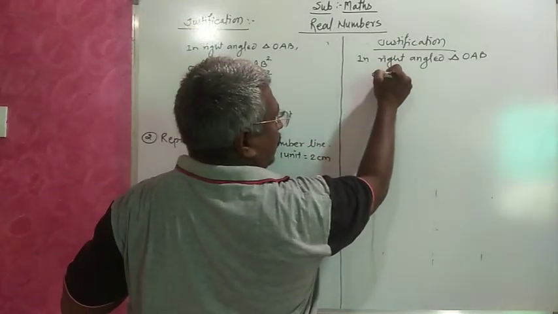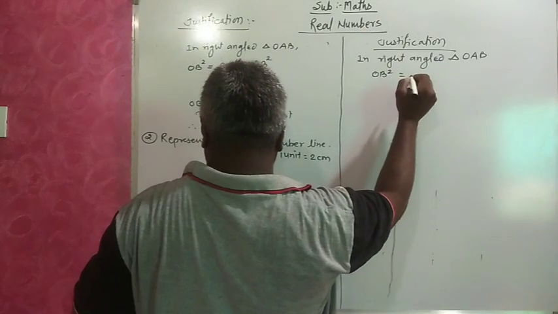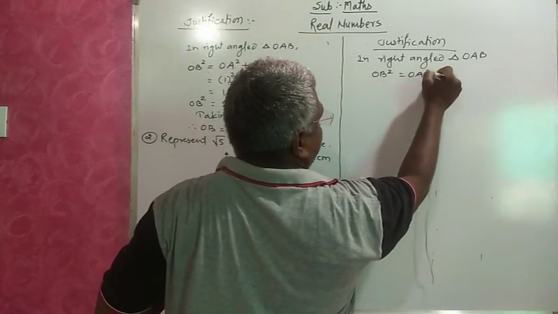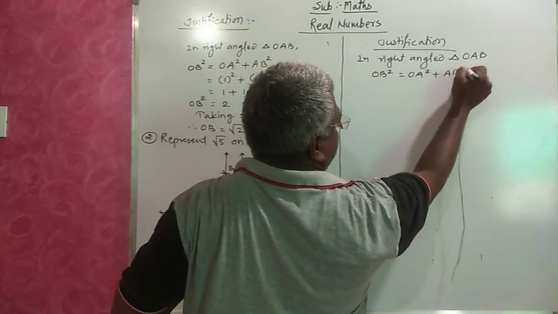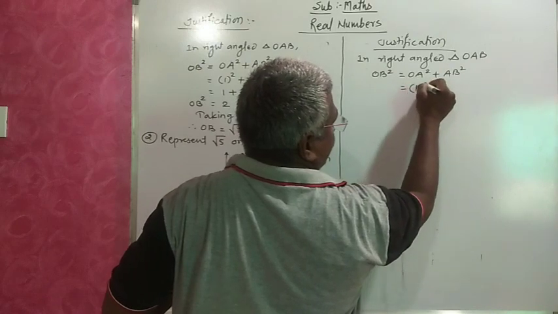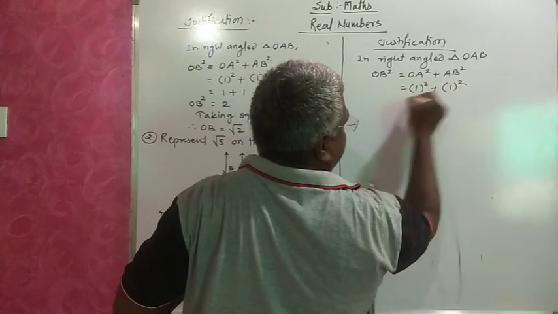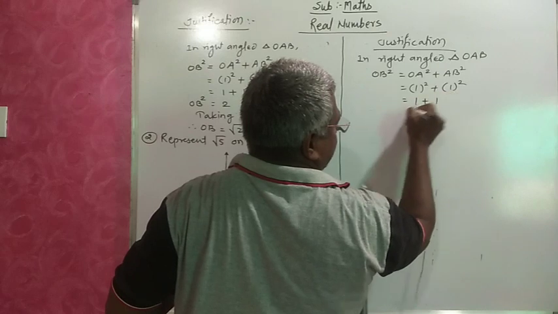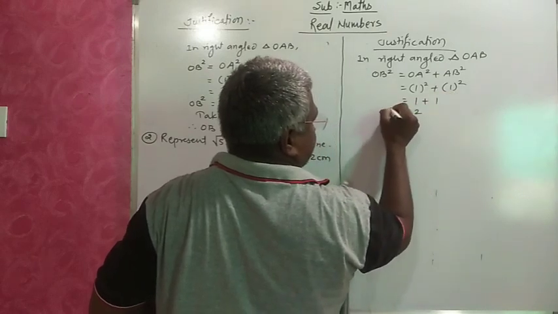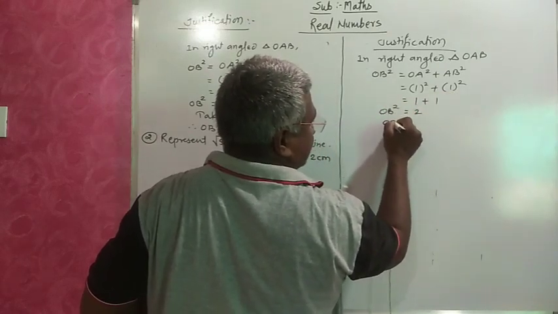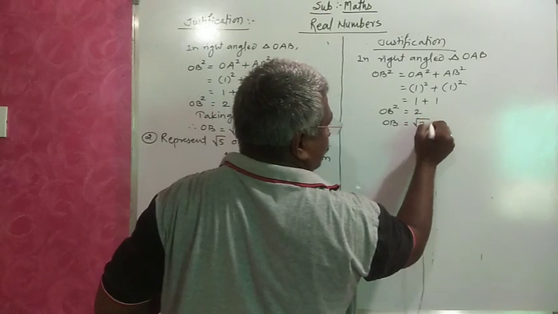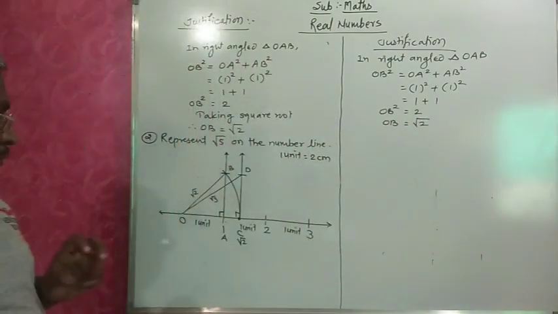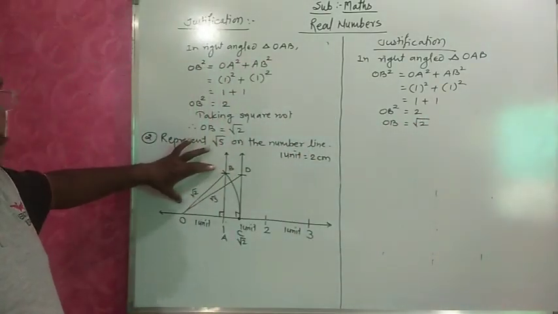OB. OB square equals OA square plus AB square. So what will we get? 1 square plus 1 square, so 1 plus 1, 2. So this is OB square. So what is the value of OB? Root 2. So we got OB root 2.